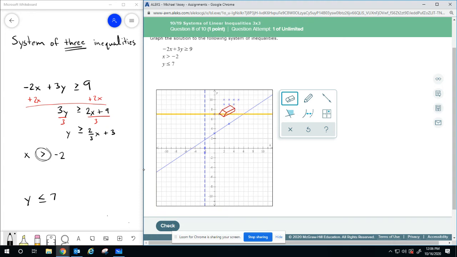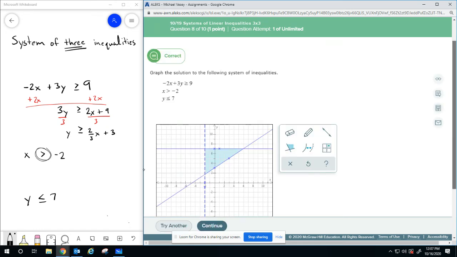Do we shade above it or below it? Well, it is a less than inequality, so we want to shade underneath this line, not above it. So the only option is this triangle in the center. I'm going to press check to see if that's right. And it is correct.